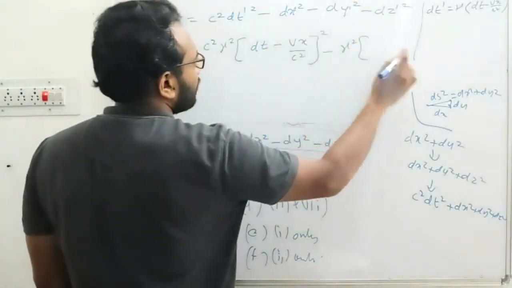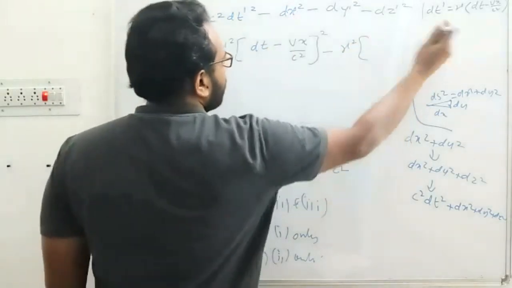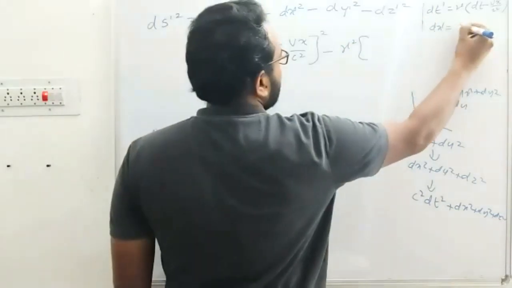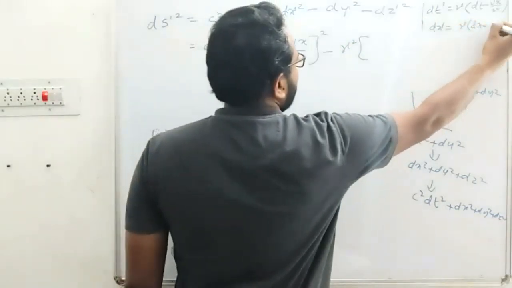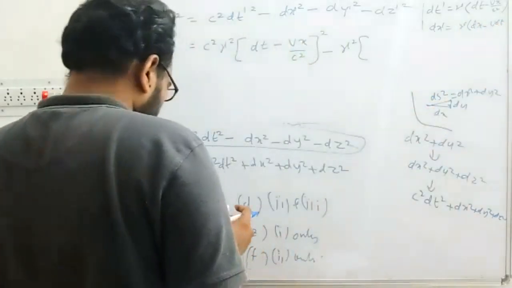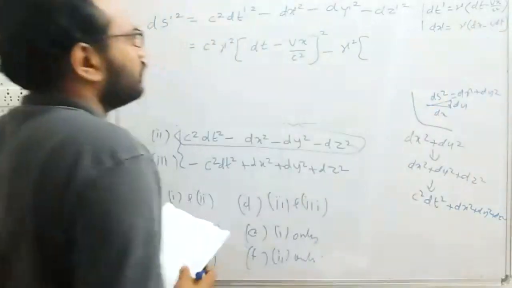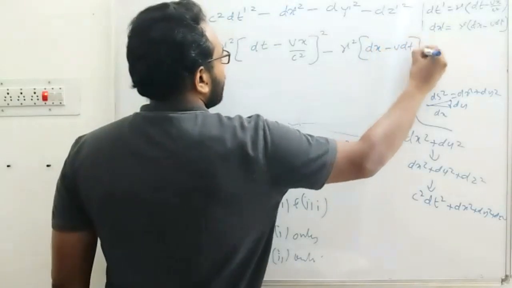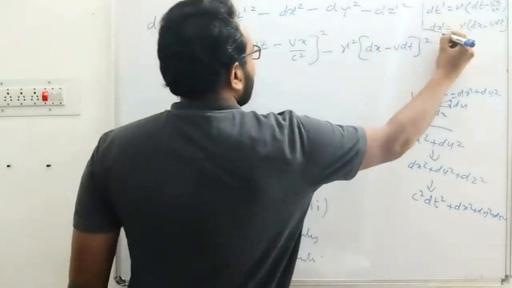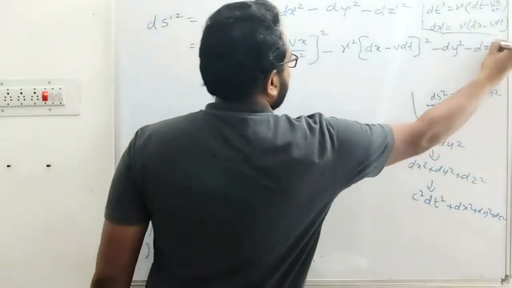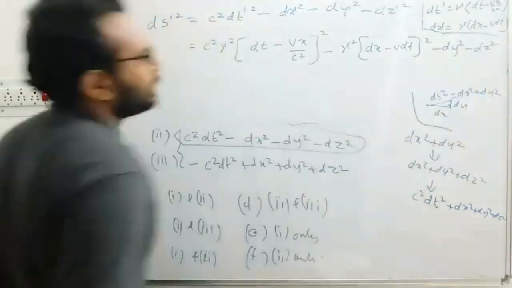That's gamma square multiplied by, what's the dx prime? dx prime is equal to gamma times dx minus v dt. Is that correct? Yeah, dx minus v dt. So it's gamma square times dx minus v dt square, right? And you have got dy prime is dy, dz prime is dz. Okay, is that fine?